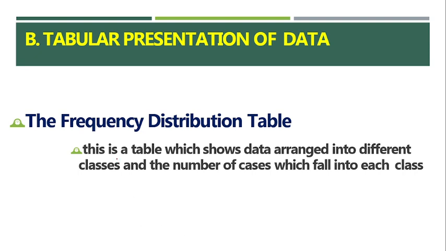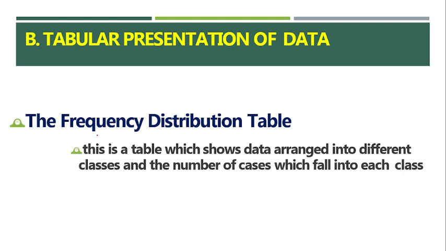All right, so in line in our tabular representation of data, now we have what we call the frequency distribution table. When we say frequency distribution table, it shows data wherein it falls into such classes. There are classes wherein it shows frequencies, and it also shows the means.